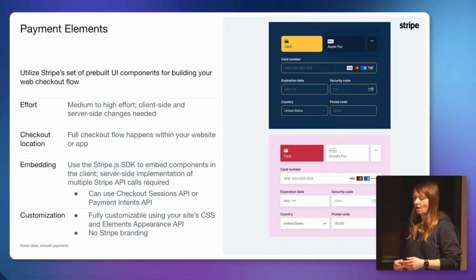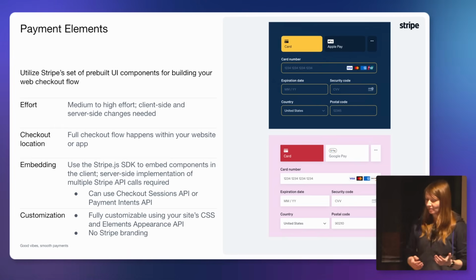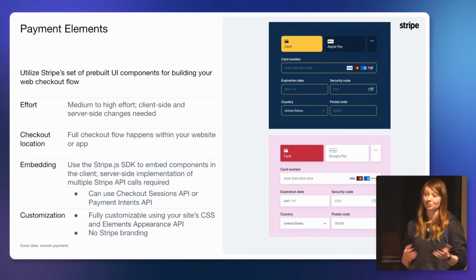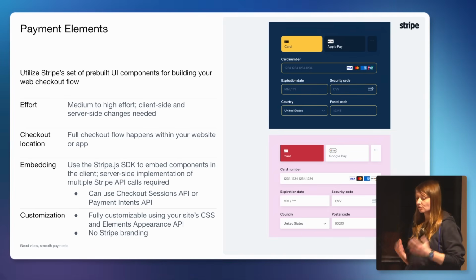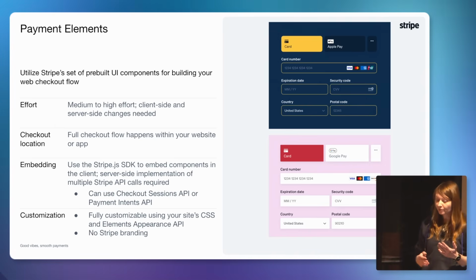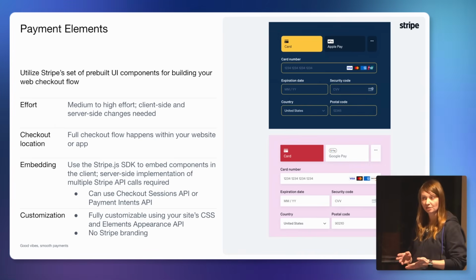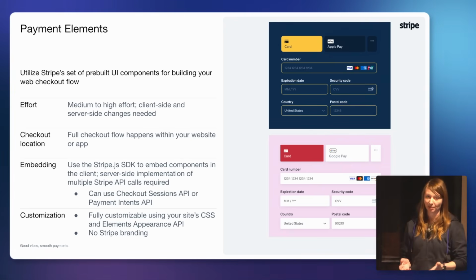The most versatile option Stripe has for customizing your checkout flow is called payment elements. And this just consists of different elements you can add directly into your code base. One thing to note is there are two ways to add payment elements to your website. The first is by using the Checkout Sessions API, which is the simpler and in most cases the recommended method.